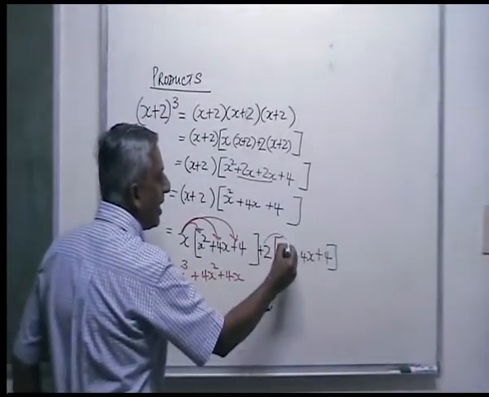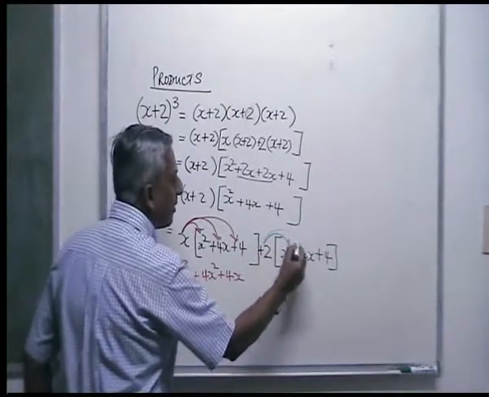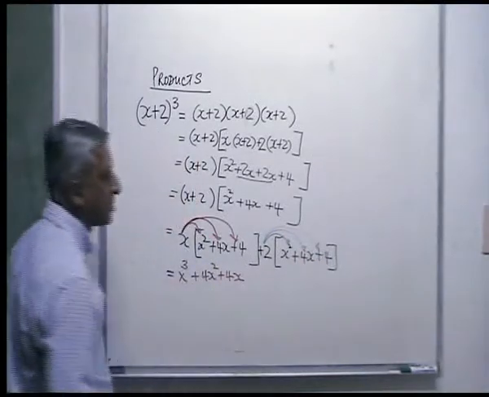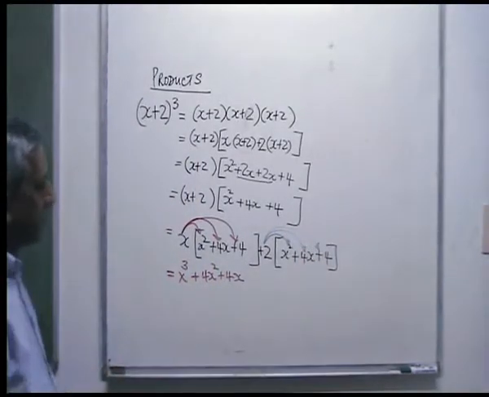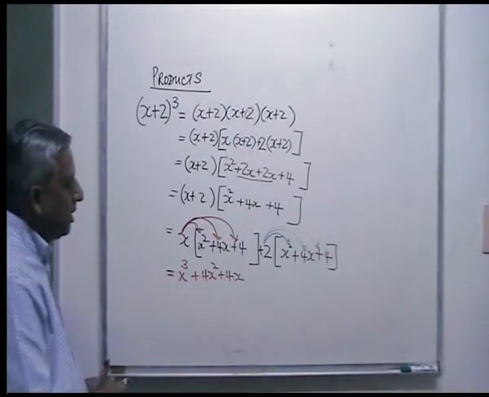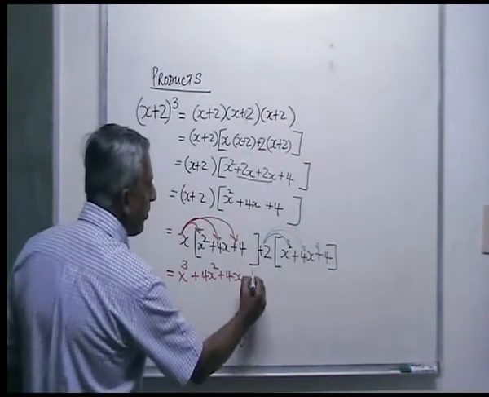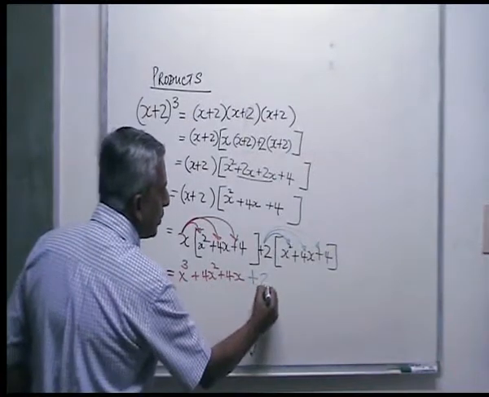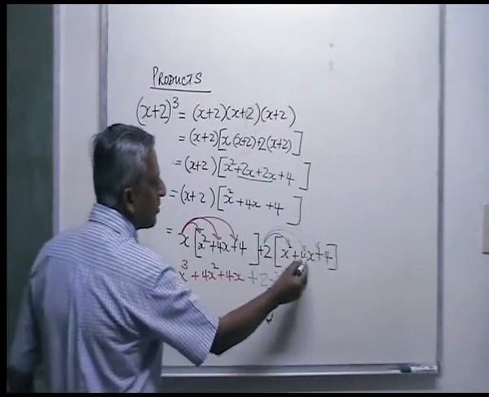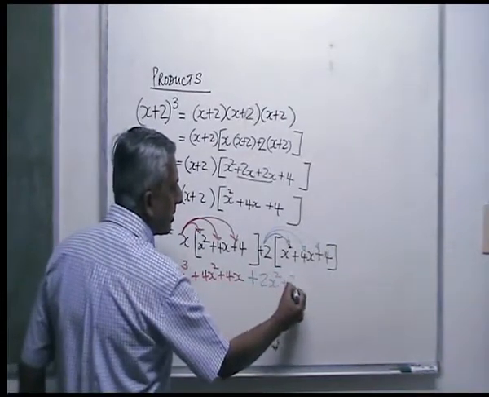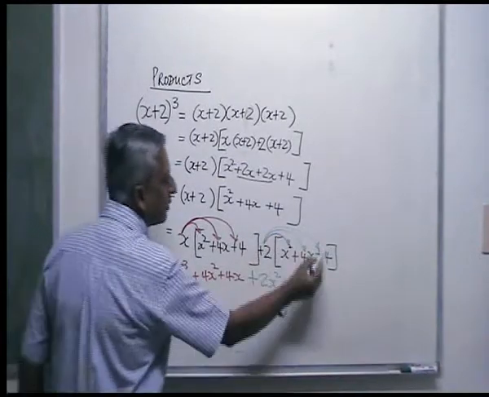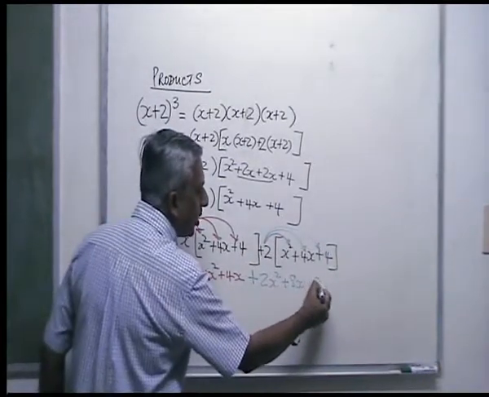You're going to multiply that, that, and that. So that's what you're doing now. If you do that part, you'll get plus 2x squared. 2 times 4x will give you plus 8x. 2 times 4 will give you plus 8.